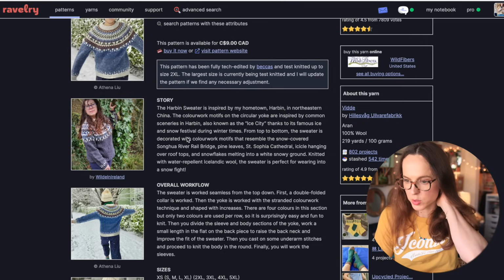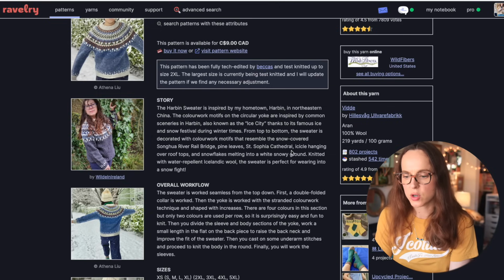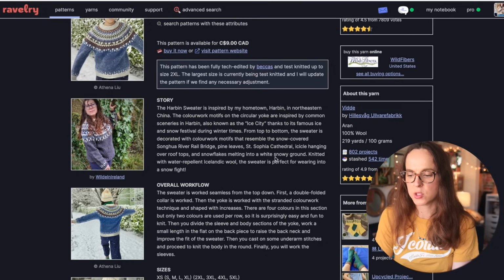From top to bottom, the sweater is decorated with colorwork motifs that resemble the snow-covered Songhua River Rail Bridge, pine leaves, St. Sophia Cathedral, icicles hanging over rooftops, and snowflakes melting into a white snowy ground. Knitted with water-repellent Icelandic wool, the sweater is perfect for wearing into a snow fight.